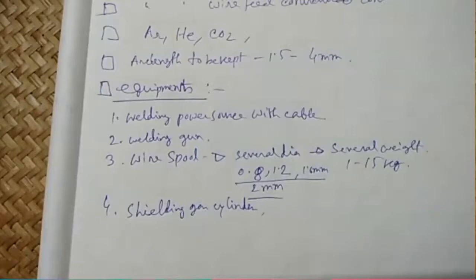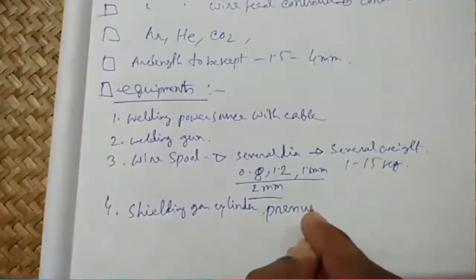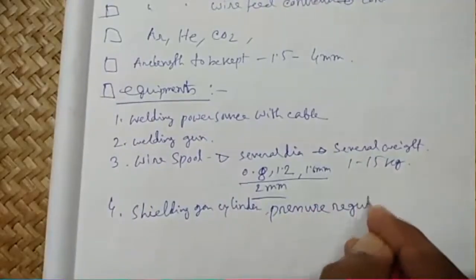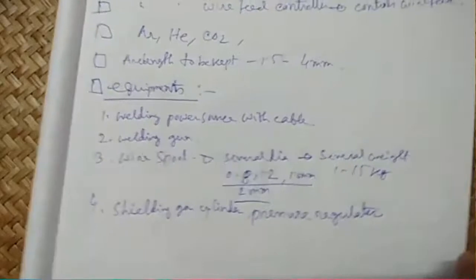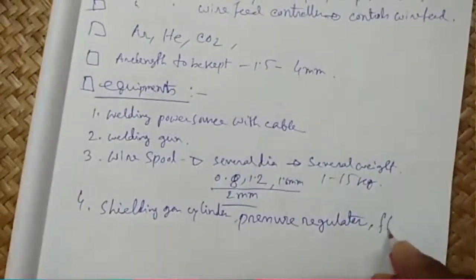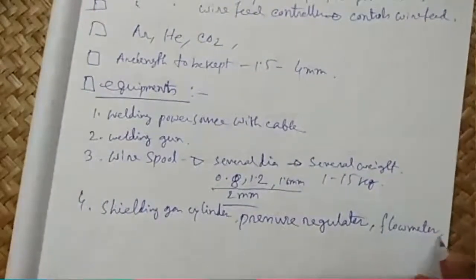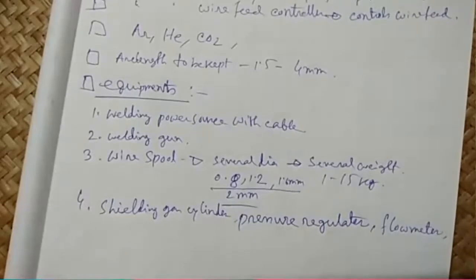Okay, sir, thank you. So a gas cylinder is required, along with a pressure regulator for safety purposes, and a flow meter should be there, because we cannot rely on the electronic system all the time. The electronic system works fine, but anytime it may fail, so there should be another safety mechanical system.